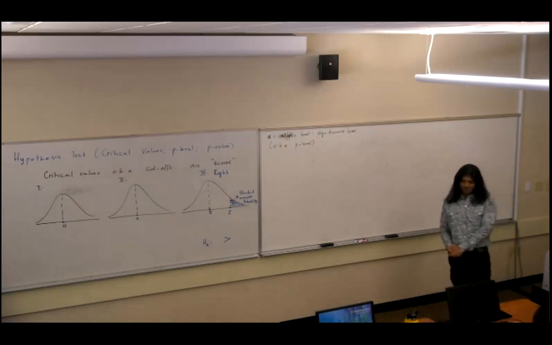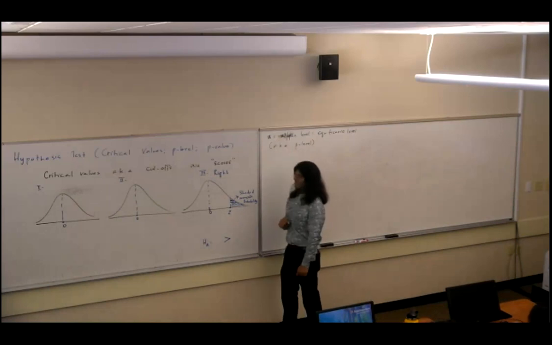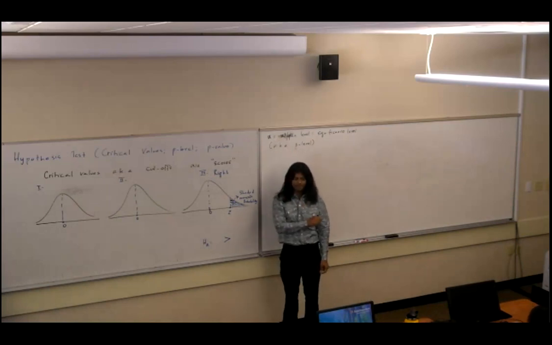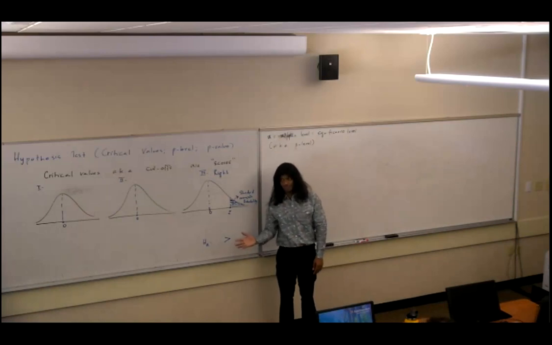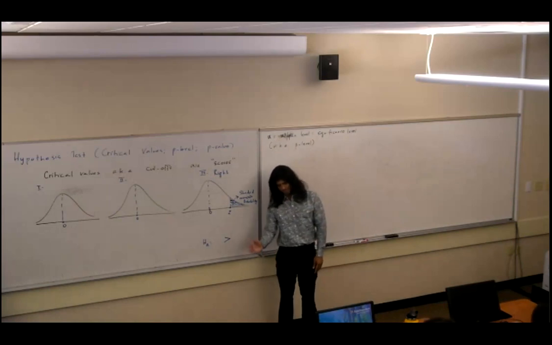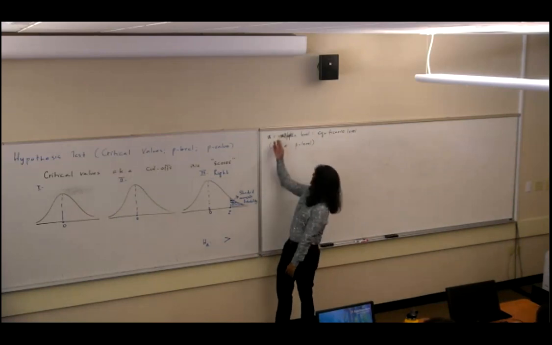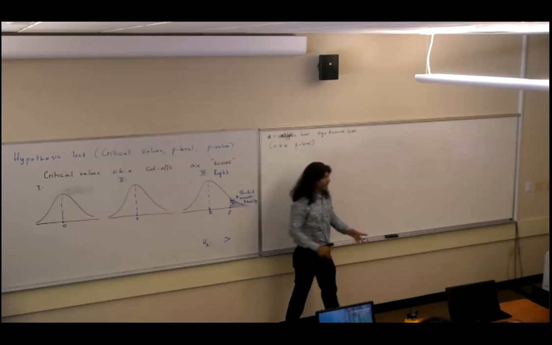Why do we call it the significance level? Well, this is the value that is going to help us either reject or not reject. Okay? Statistical significance or no statistical significance. Hence the significance level. Good. Okay.